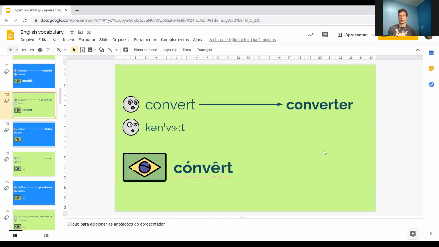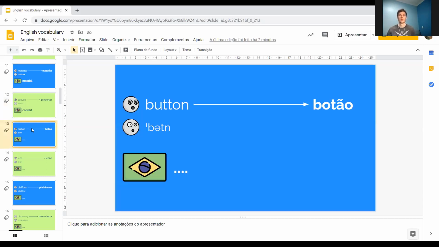Con, convert. The first part is much shorter and faster, and say the second part slower. Convert. Okay.